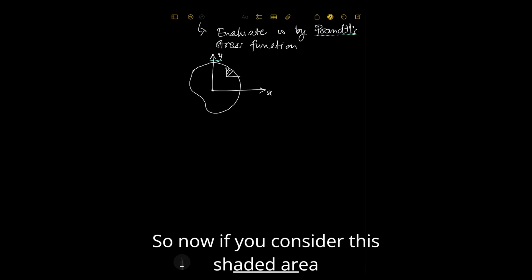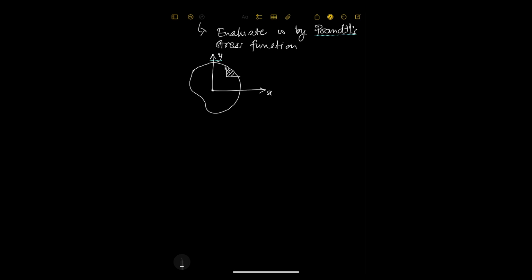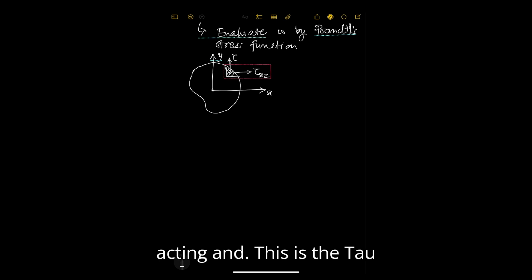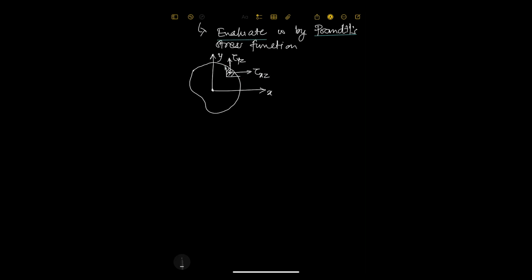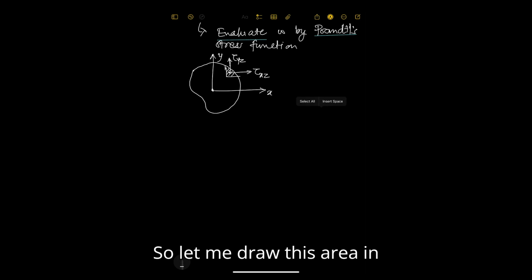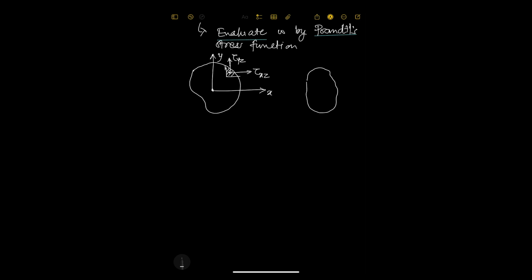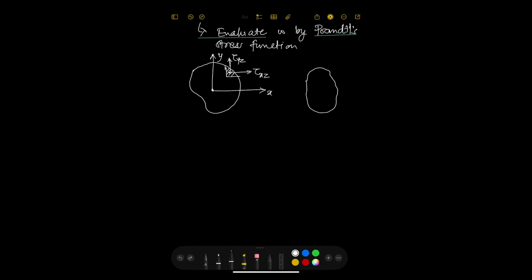Now if you consider this shaded area here, this is the tau xz component acting and this is the tau yz component acting. So let me draw this area in 3D space.